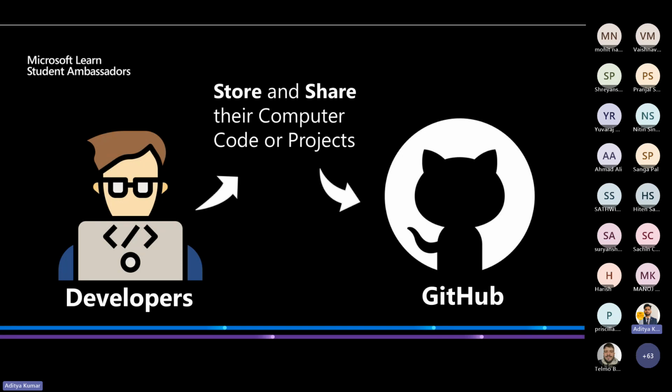If I ask them to provide the code of their project, they just share that Notepad file with me. To avoid this, you can upload that code on your GitHub, copy that link and share it with me, or with everyone. Okay, so let's move ahead.